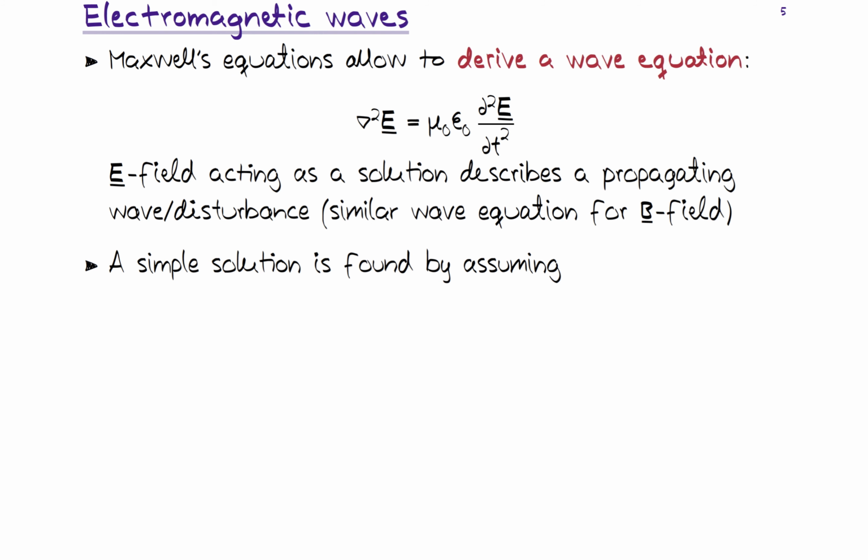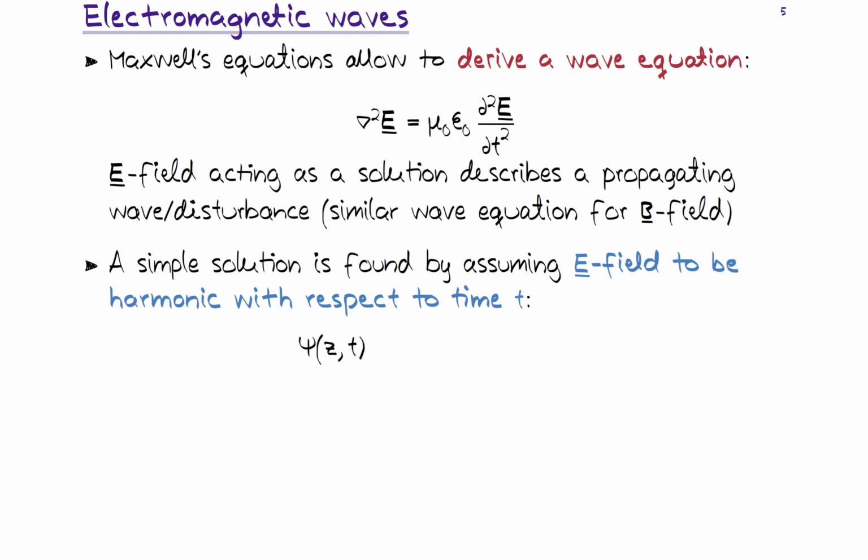The simplest solution that can be imagined and found is the case when we assume that the electric field is time harmonic with respect to the temporal evolution. So if we take a wave psi, and in the simplest case, we have just a single coordinate z that tells us the spatial dependence. The wave is just propagating in one direction, and it has some kind of time dependence.